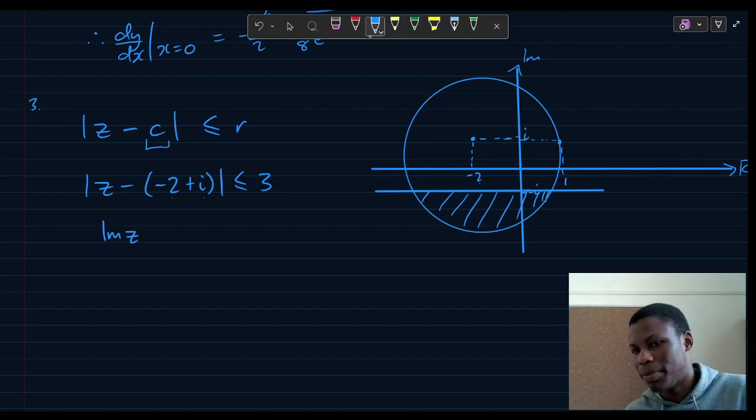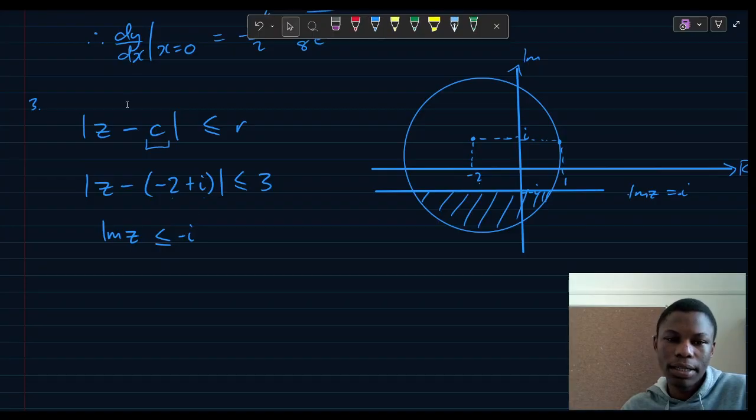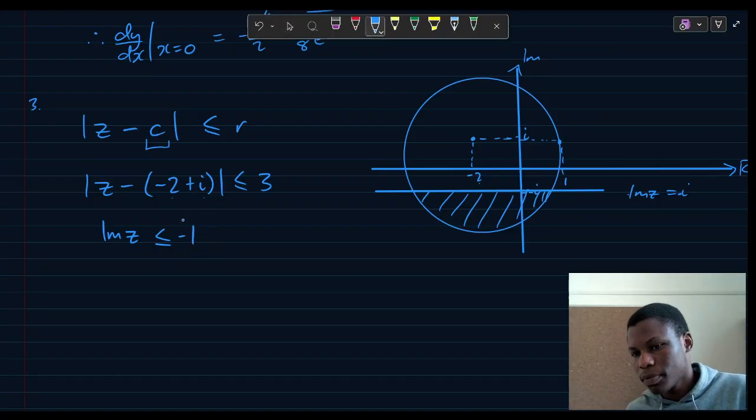We're saying the imaginary part here has to be equal to negative 1, because this whole line is defined by the imaginary part of z being equal to negative 1. So we want less than or equal to negative 1. Maybe just use negative 1 to be precise.